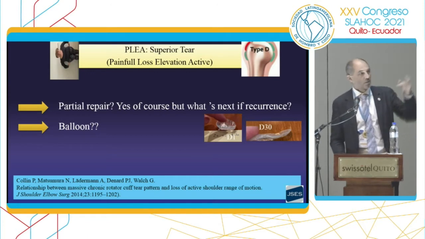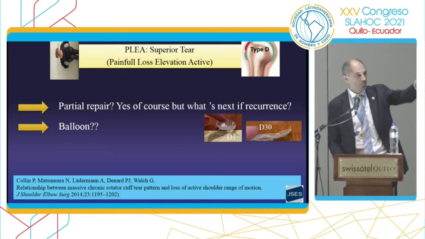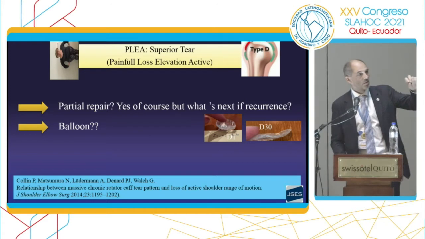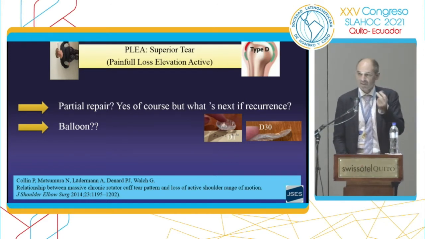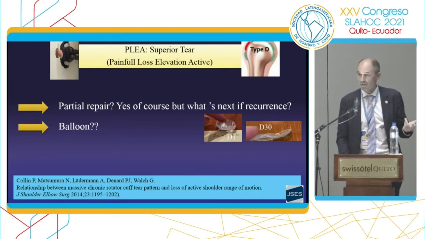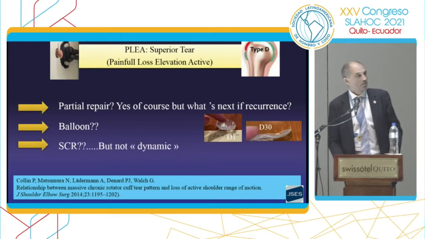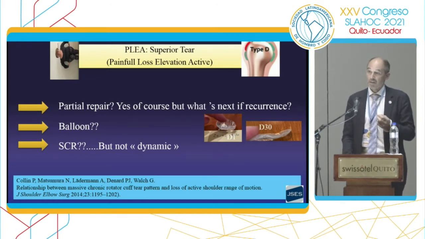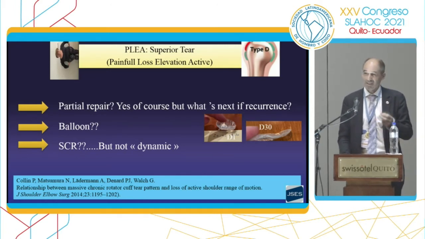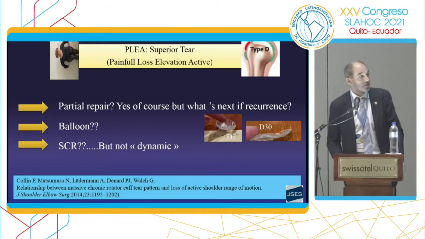So a balloon, look at the balloon after 1 month on my furniture. The balloon has no mechanical effect after 1 month. It's totally dry. I cannot understand how it can work after 1 month. So you can make an SCR, yes, but it's a static stabilizer of the shoulder. It's not dynamic. So maybe it can help the shoulder, but it cannot recreate a movement.